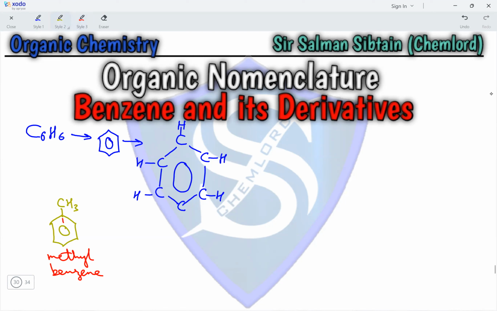So, if we have a chloro group present on the benzene molecule, this will be the first carbon atom, and the name of the compound would be chlorobenzene. Next, we would have a Br atom attached to the benzene molecule, and the name of this compound would be bromobenzene.